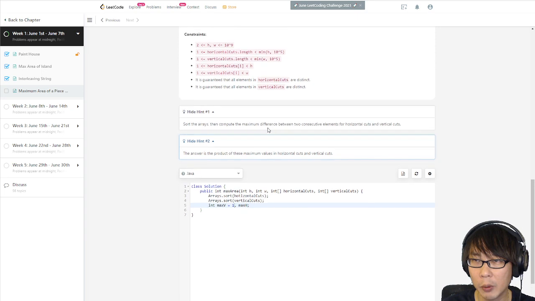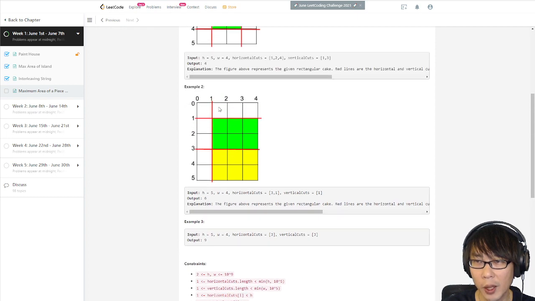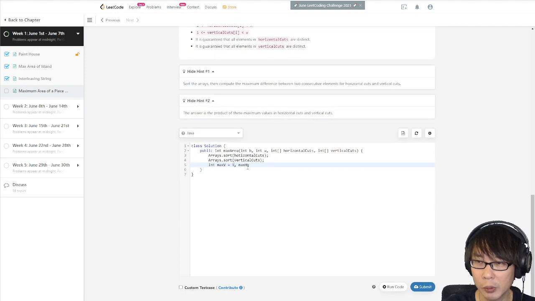The reason we can do it as 1 is because there's no edge cases. The size of the array will be at least 1, so you will at least have one piece of cake in here. So the smaller distance will always be 1. So I guess we can initialize both as 1 with no problem.